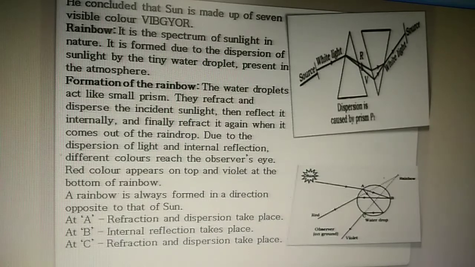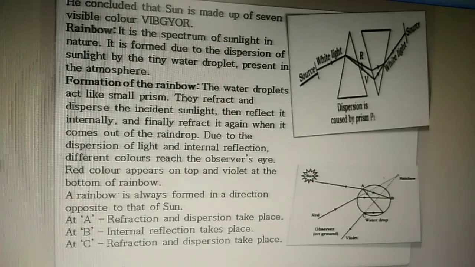Due to dispersion of light and internal reflection, different colors reach the observer's eye, and red color appears on the top, whereas violet is at the bottom of the rainbow. This rainbow always forms opposite to the sun, so the sun should be behind the observer.